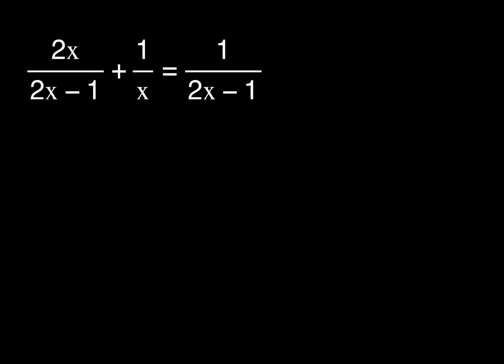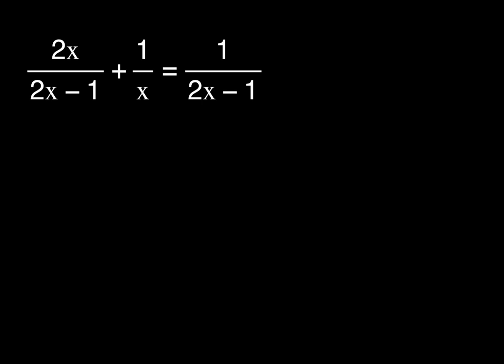So I started with some of these with same denominators. Now we look at them when they have different denominators. And in this case, because now I have 2 terms on the left, I can't just use cross multiply anymore. Cross multiply only works if I have a single fraction on the left and a single fraction on the right.